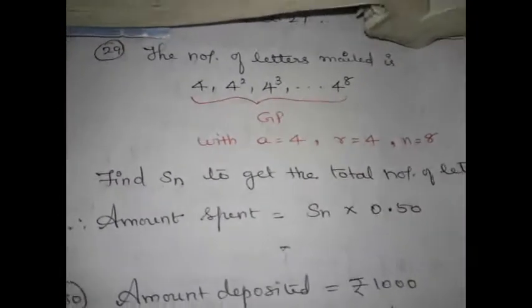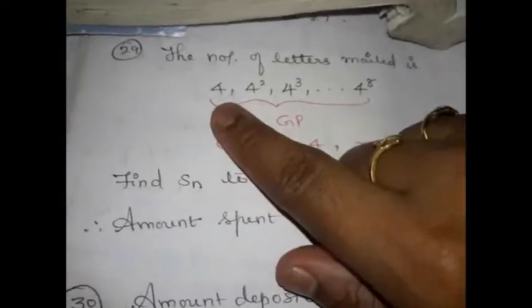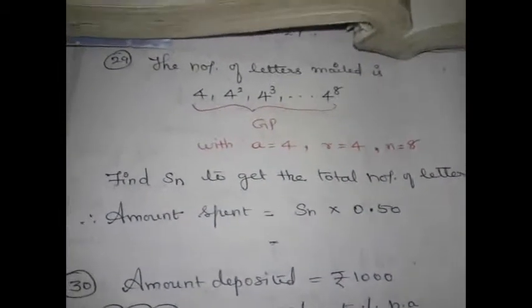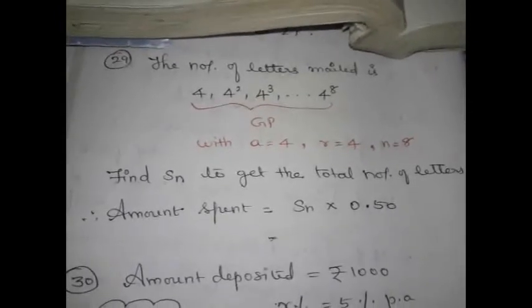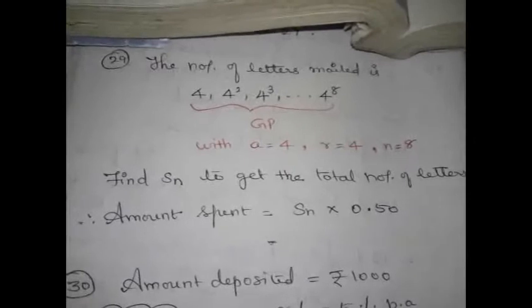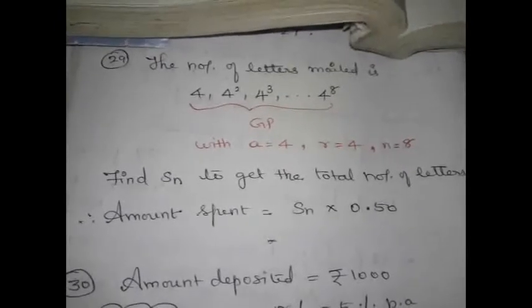So the number of letters mailed is, first person mailing to 4, then that is getting multiplied, 4 square, and then again 4 cube. Likewise it is moving on, right?